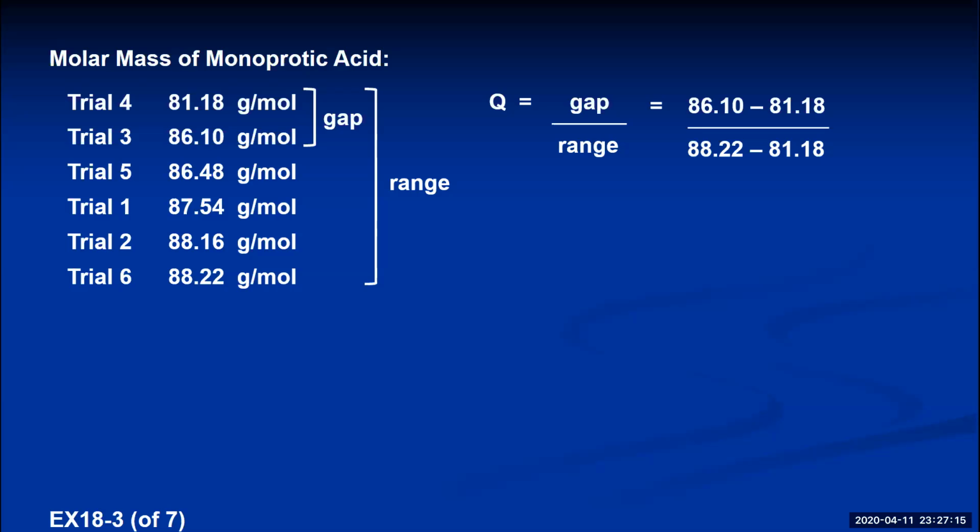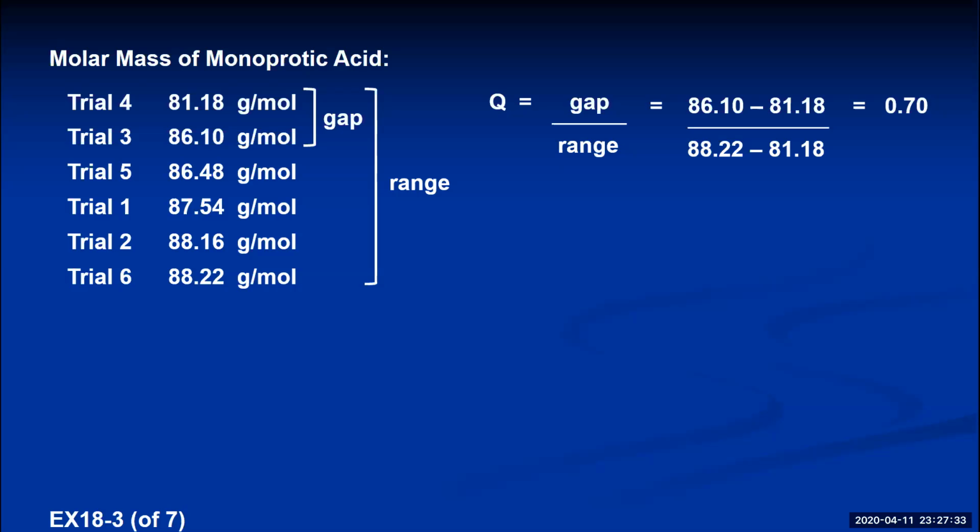So if we calculate our gap value by going 86.10 minus 81.18, and calculate our range by going 88.22 minus 81.18, and you always subtract those to make them positive numbers, we calculate a Q value of 0.70.